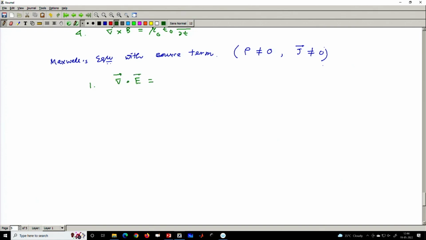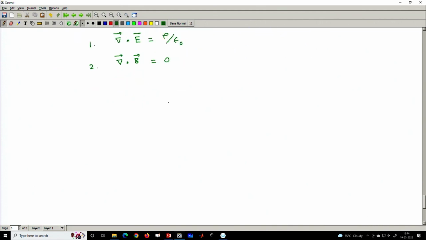So, divergence of E is now rho divided by epsilon naught, divergence of B equals 0, curl of E is minus del B del t, and then curl of B is mu 0 j plus mu 0 epsilon 0 del E del t. This is the expression you will find in most books.